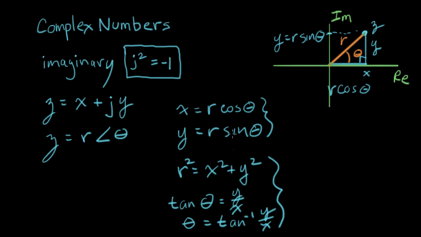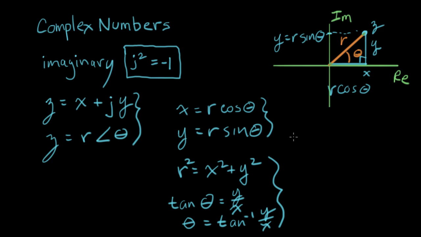We want to be able to use either of these two representations freely and go back and forth between them. Now there's a third representation that's also going to be really useful to us. I'm going to take this x and y expression and put it back into the rectangular way of writing z.